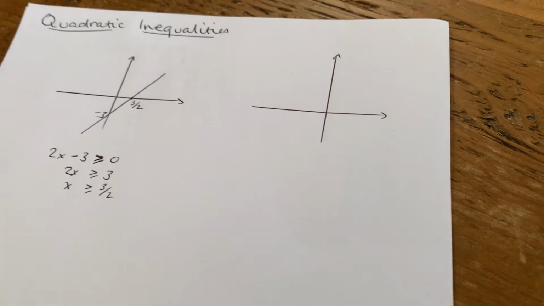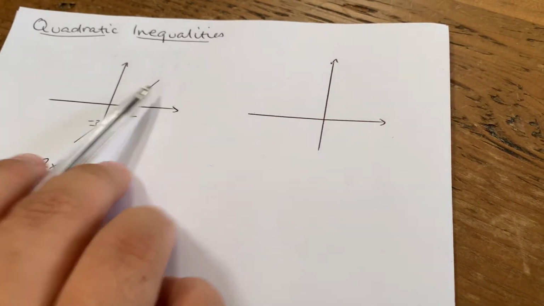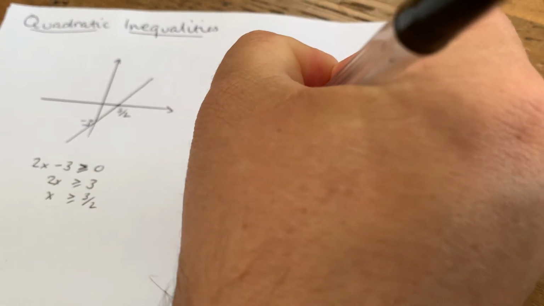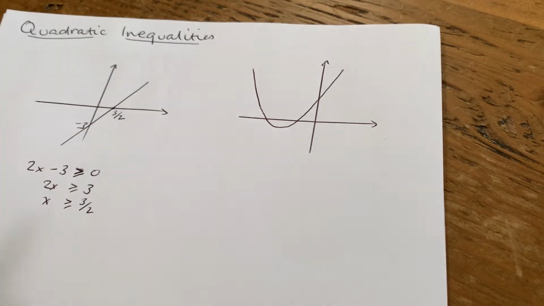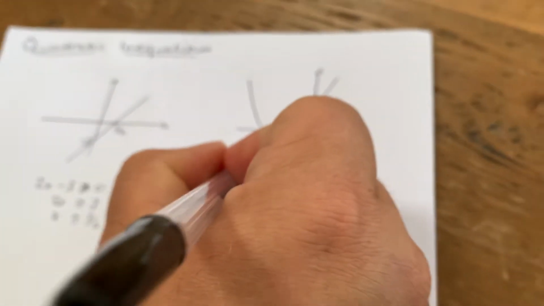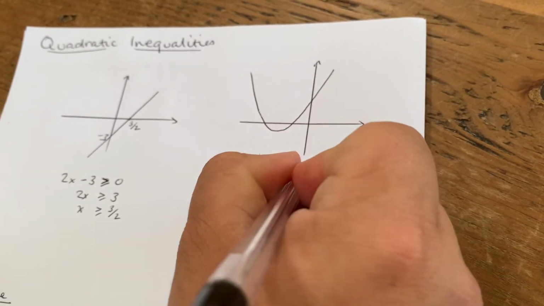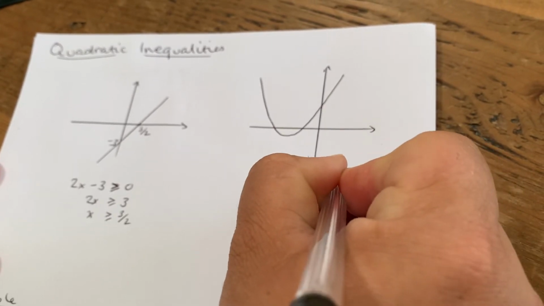Now, for quadratic inequalities, the difference with a quadratic function is it isn't a straight line. A quadratic function comes down and looks like this. And if I said, if this function was x squared plus 6x plus 8, when is that bigger than 0?